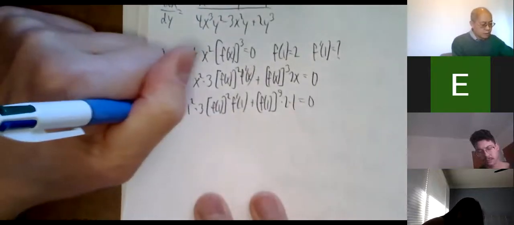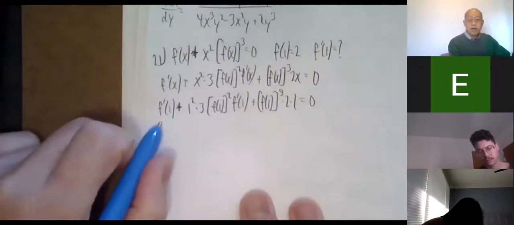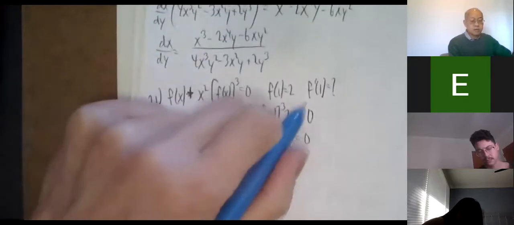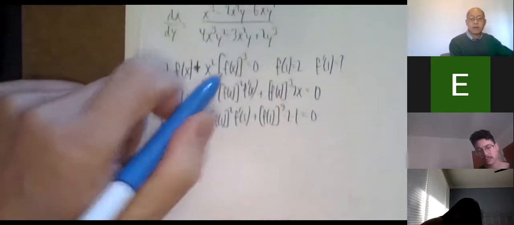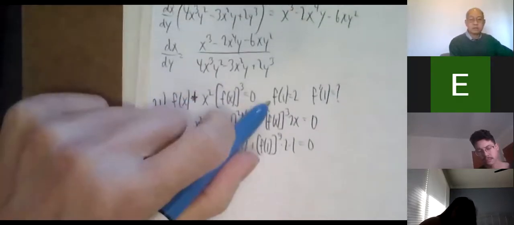Plus, not equals. Okay, f prime of 1, they didn't tell us that. We have to figure it out. But f of 1 they told me was 2.